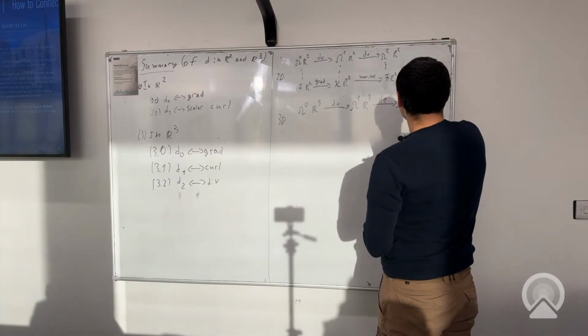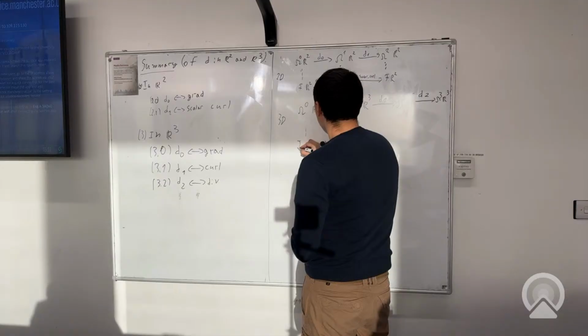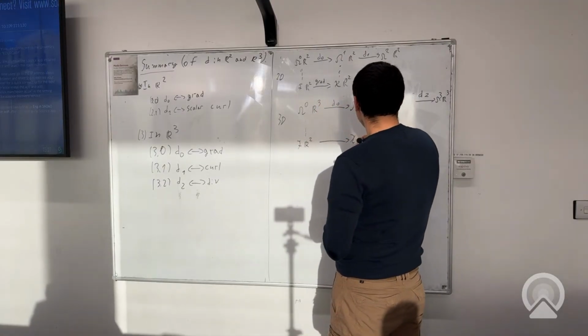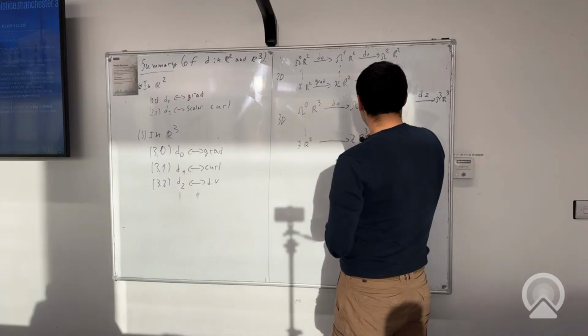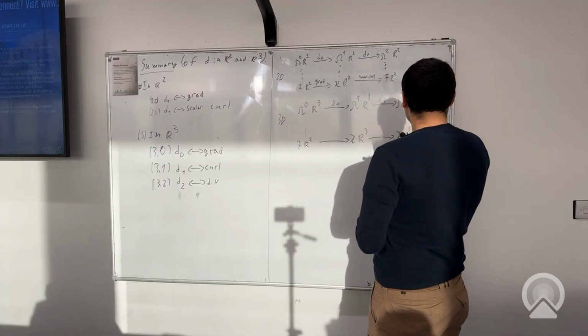So we have d1 and d2. And here we have functions, which is the same. Then we get vector fields, again vector fields and functions.